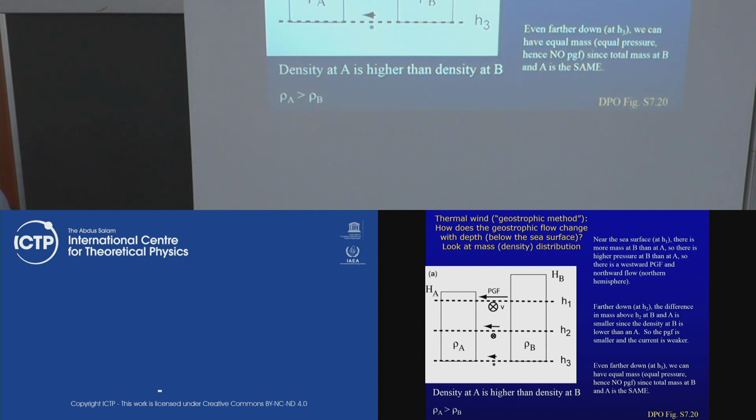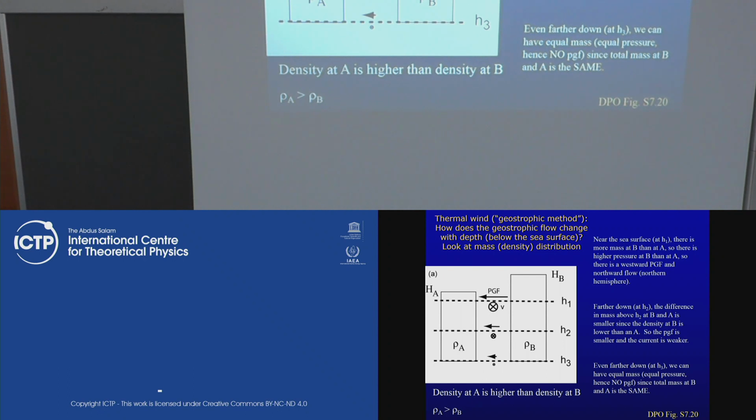So that means the velocity doesn't change with depth. However, in the case where we have a horizontal gradient of density, we will have vertical shear, vertical changes of the horizontal velocity.